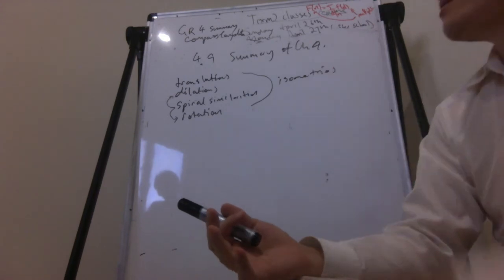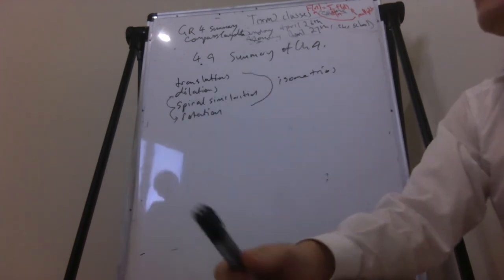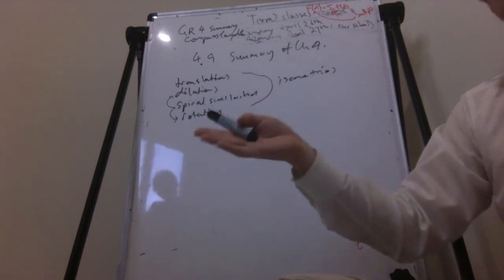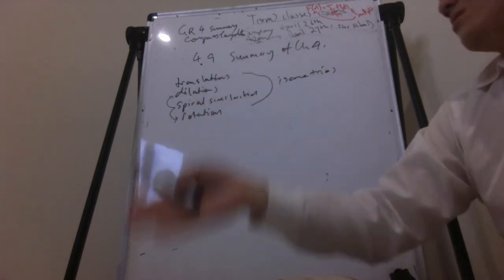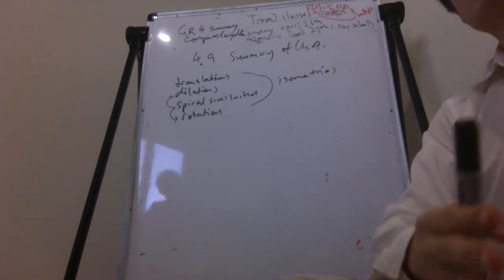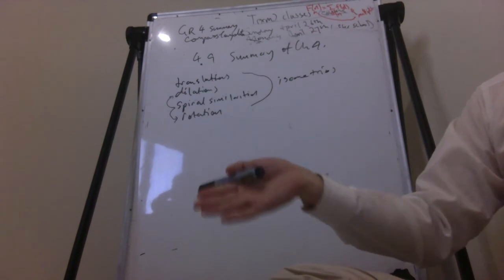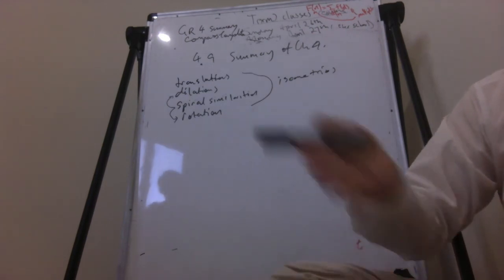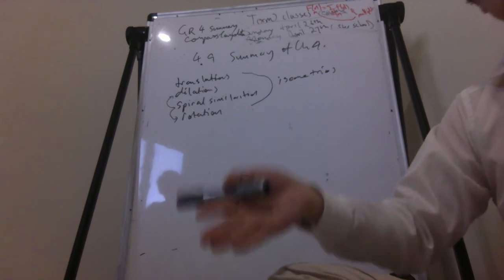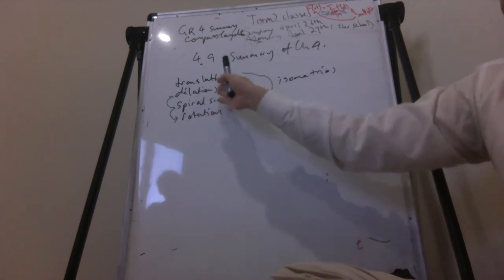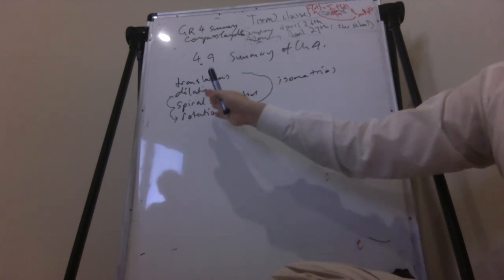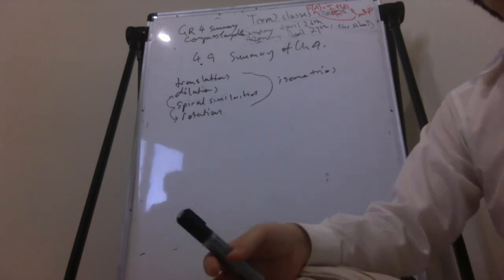So the kinds of transformations that preserve Euclidean geometry, you can basically do using reflections, rotations, translations, and dilations. So the group of transformations that preserve similarity is generated by translations, dilations, spiral rotations, and reflections.